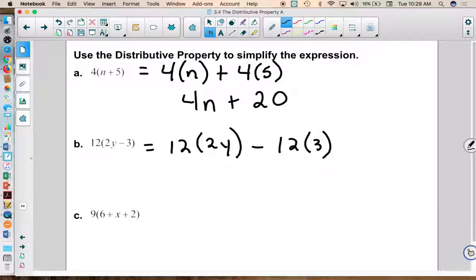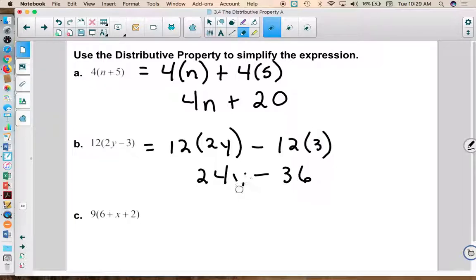Chance? 24y. I got 24y minus 12 times 3. And 12 times 3 is what, Ben? 36. And that's where I stop, right there.